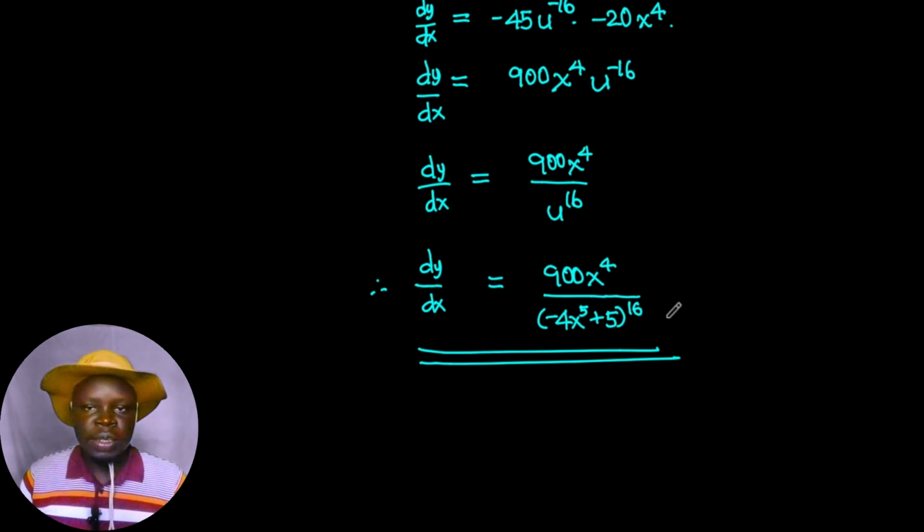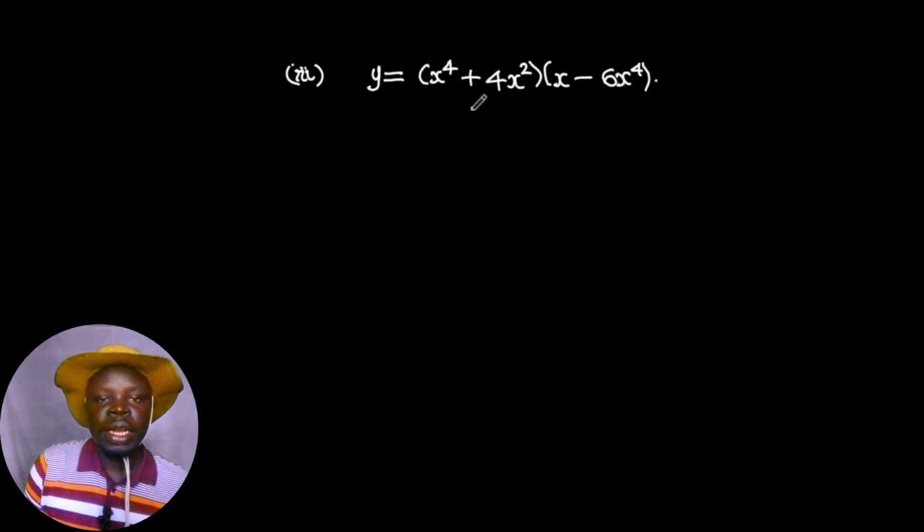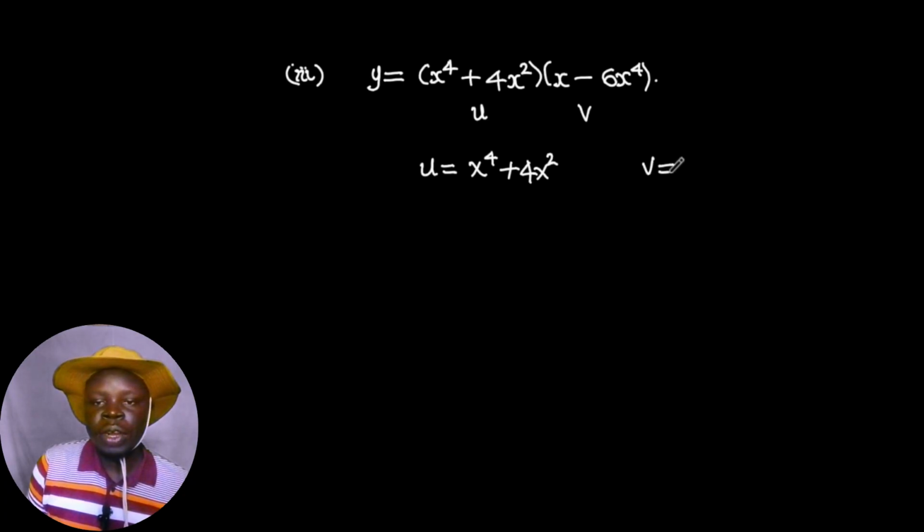Let us move on to the next question, and that is part 3 of the question. Alright, from this question, as usual, we can let this one here to be v, and here we have v, meaning when you extract it out, v is equivalent to x to the power of 4 plus 4 x squared, and our v is equivalent to x minus 6x to the power of 4.